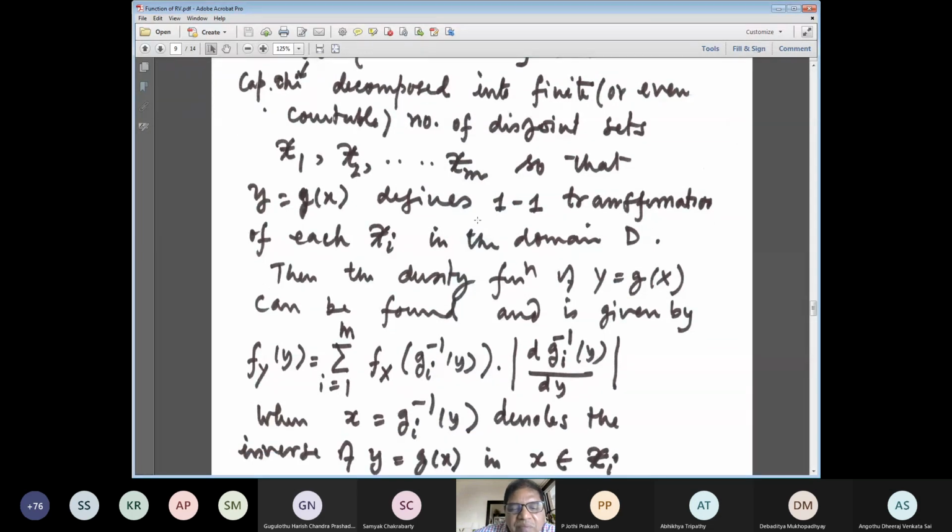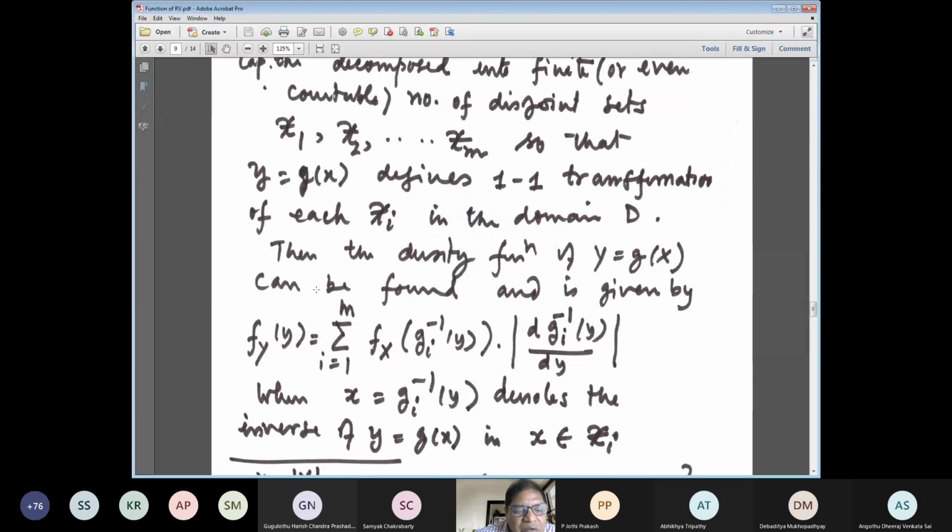Once we have done that, for each case we can find the inverse x equal to g inverse y. So the combined result will be the summation over i equal to 1 to n, where you apply the same formula in the respective domain and combine it to get the result.